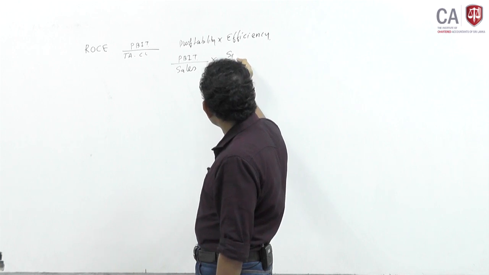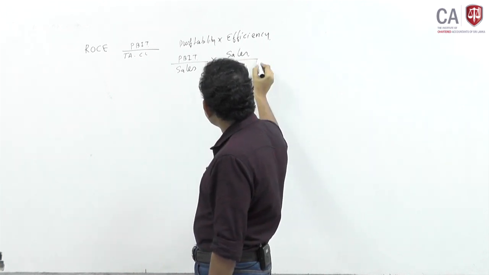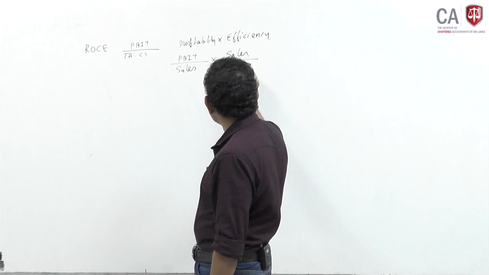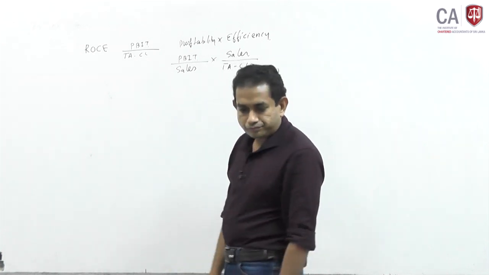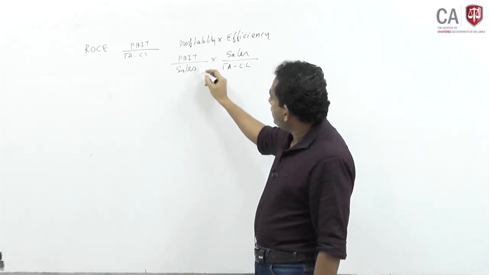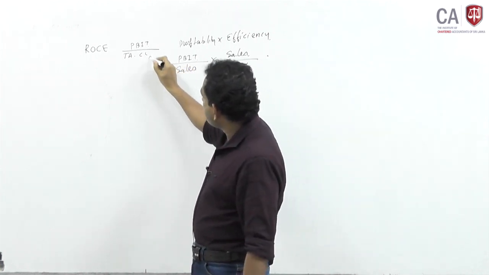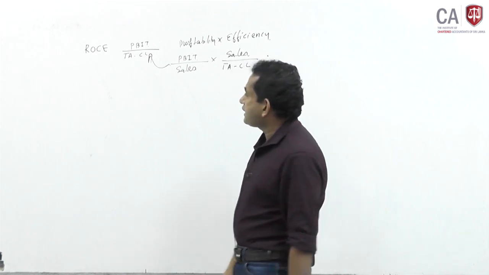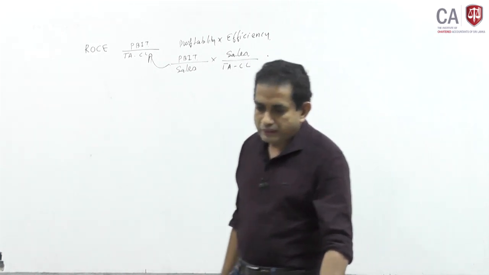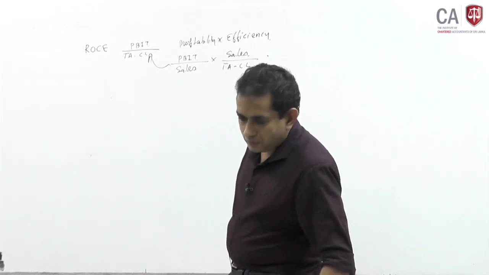Efficiency will be sales divided by total assets minus current liabilities. And then eventually your ROCE calculation will be profit before interest and tax divided by total assets minus current liabilities.